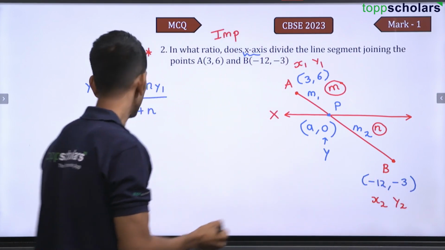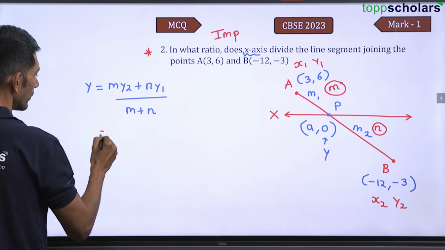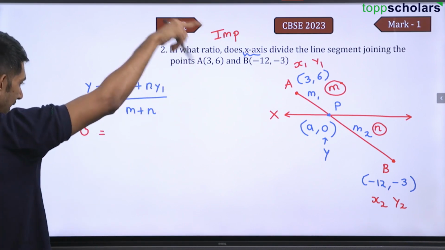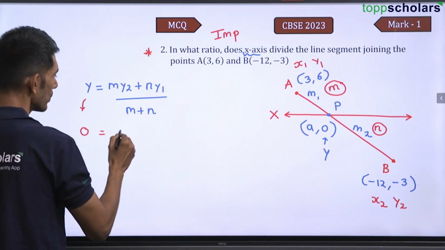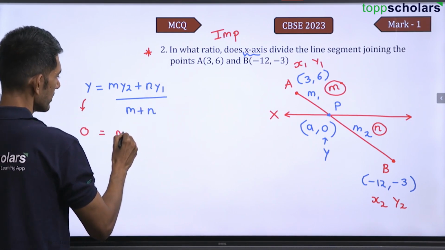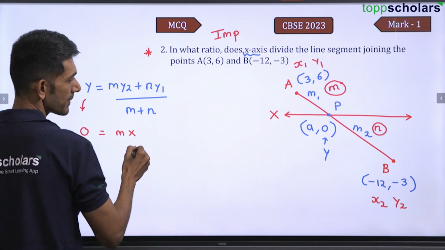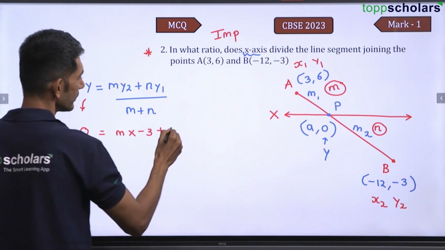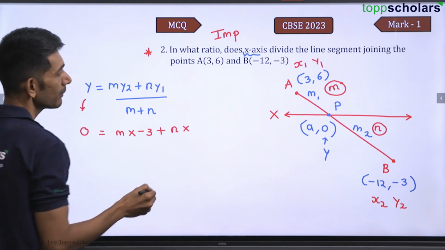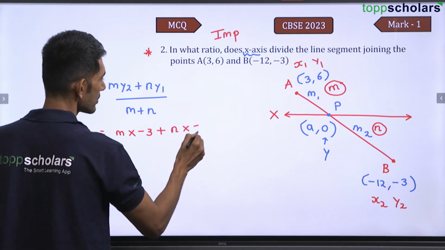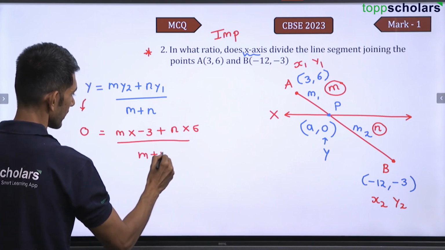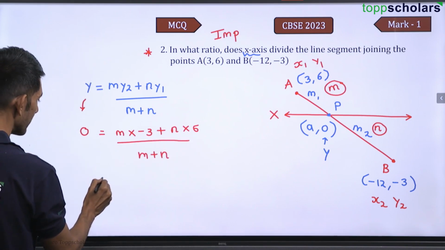Perfect. So this gives you y. Y is how much? Y is 0 because the point lies on the x-axis. m y2, that is m multiplied by minus 3, plus n multiplied by y1. y1 is how much? 6, by m plus n. m plus n goes there, that becomes 0.